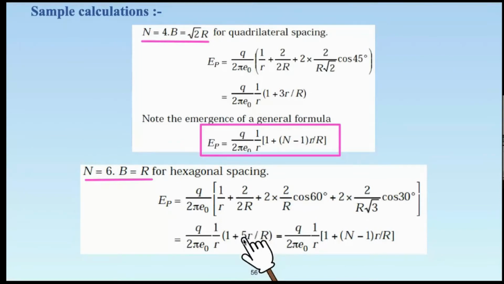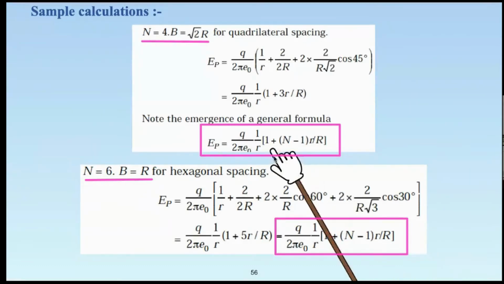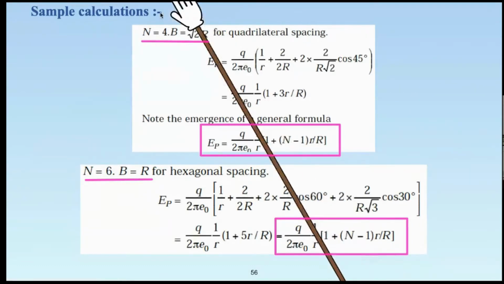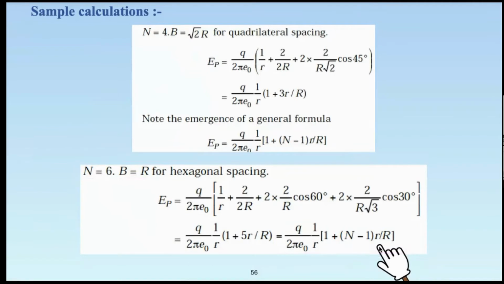So this 5 again can be written as n minus 1, 6 minus 1, and again you see that the type of equation that results looks like this. So very similar equation, and it is applicable for 3, 4, 6, and this will be utilized for the derivation at a later stage as well, and very easy to correlate.